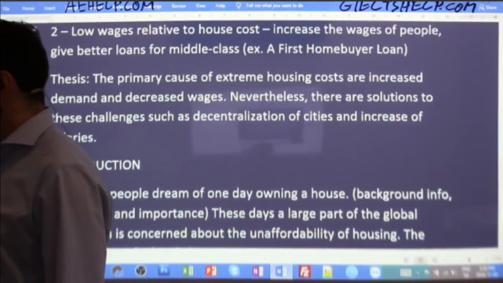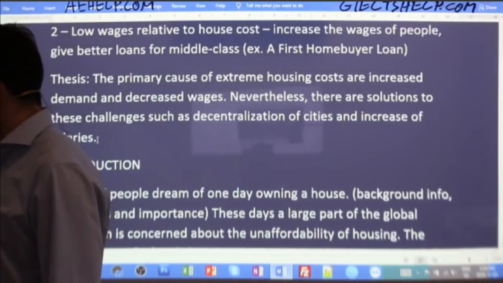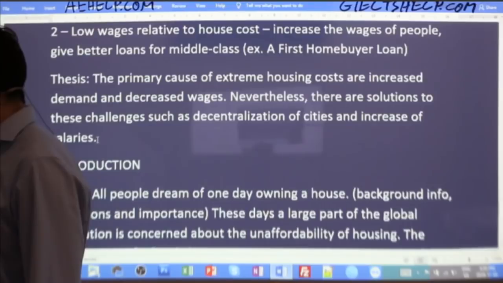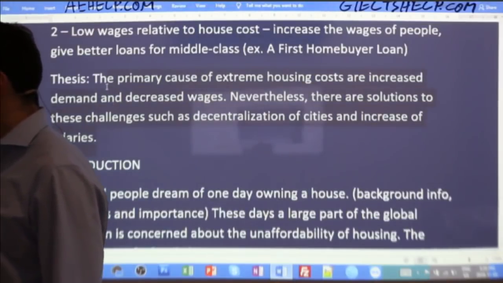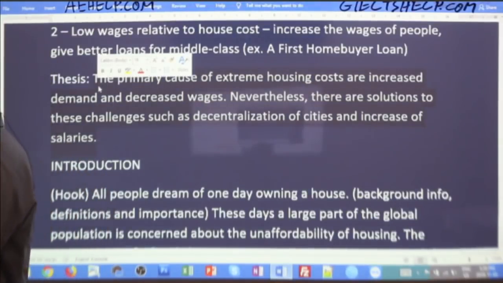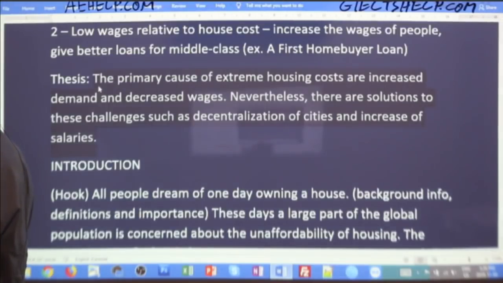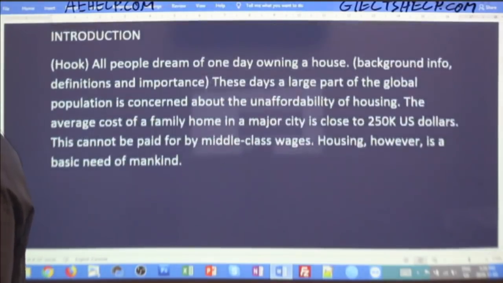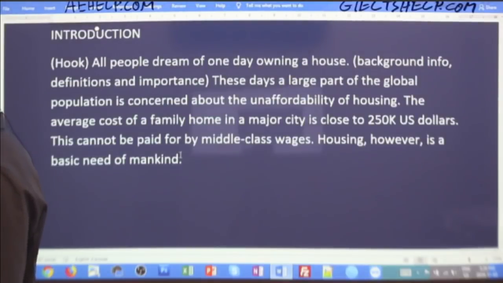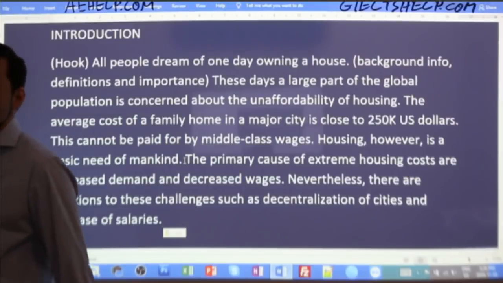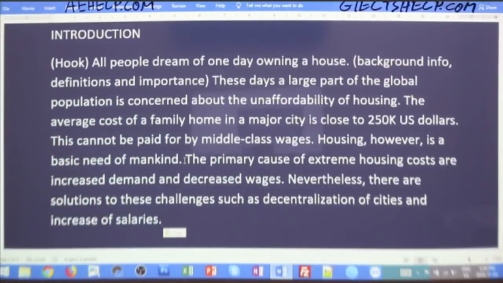Now the thesis we can just copy and paste. In the official IELTS, what you can do is you can write the thesis about 5-6 lines below the beginning of your essay and then fill in the hook and the background information before your thesis statement. Now, you definitely want to practice that at home to make sure that you can do that effectively, okay?